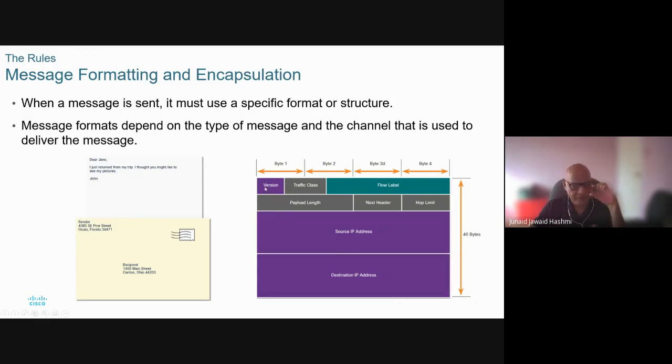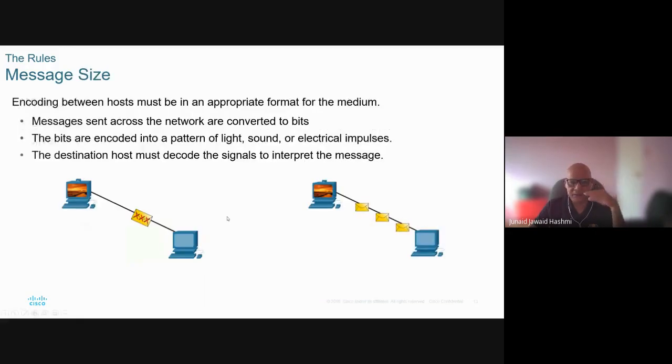How every piece of information should be formatted, and the message format depends on the channel that you are using. For example, wireless or copper media, different channels have their own method of formatting the information.